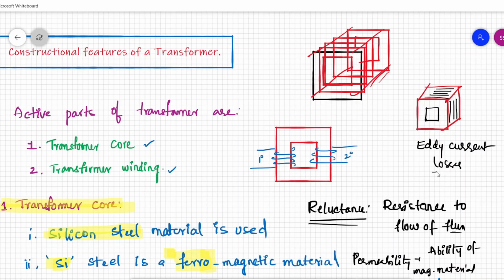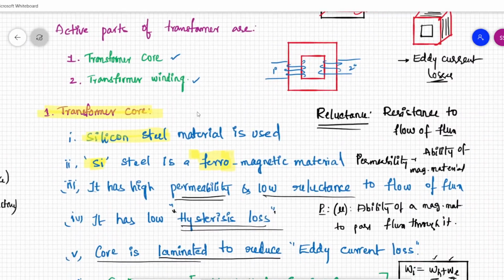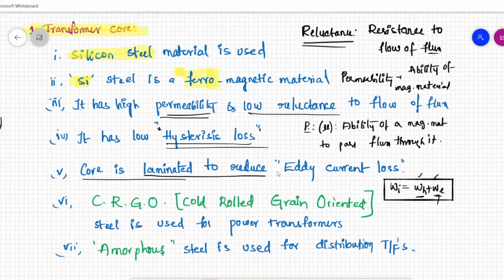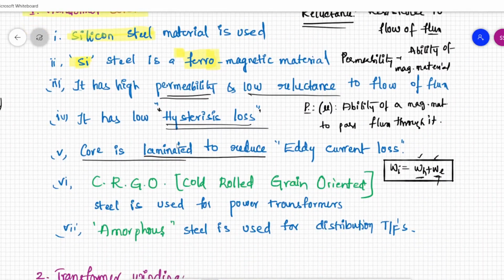So, to reduce eddy current loss, the core is laminated.